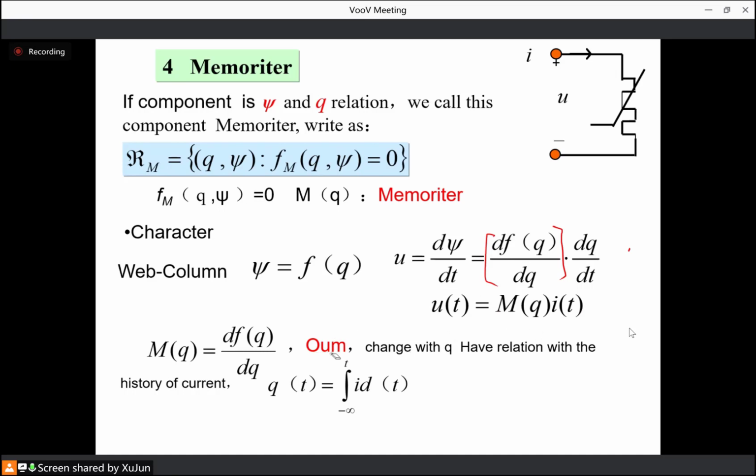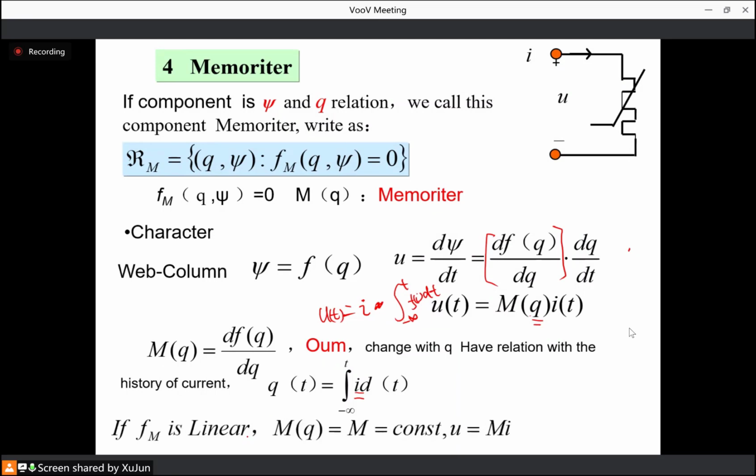And it contains the charge Q. We know the charge Q is the integration of the current. So this means u(t) equals i multiplied by M(q), where M(q) is an integral function, the integration of current from minus infinity to t.